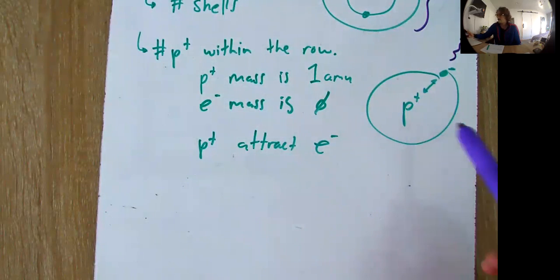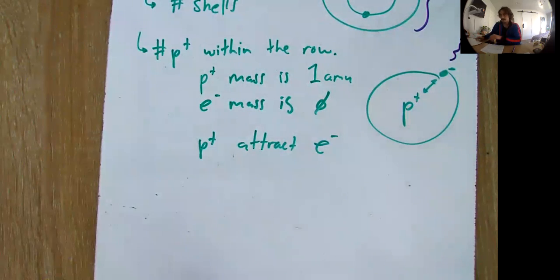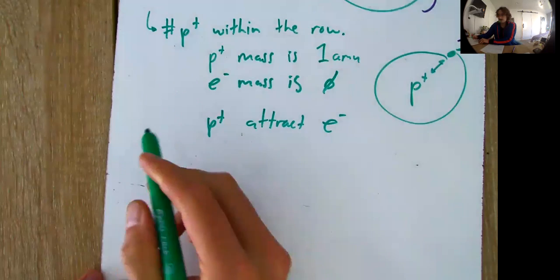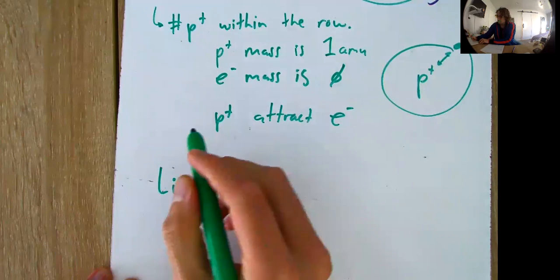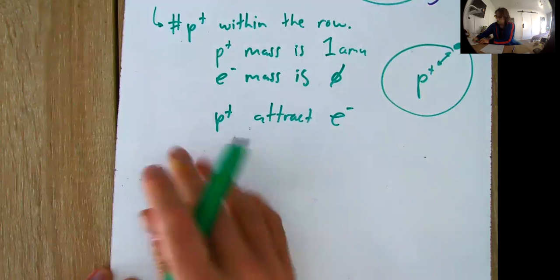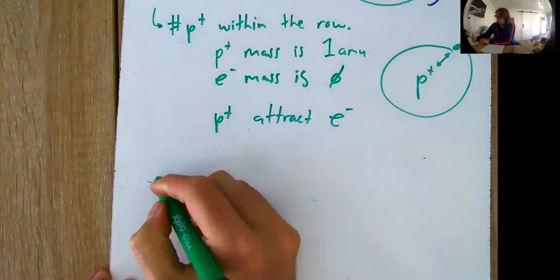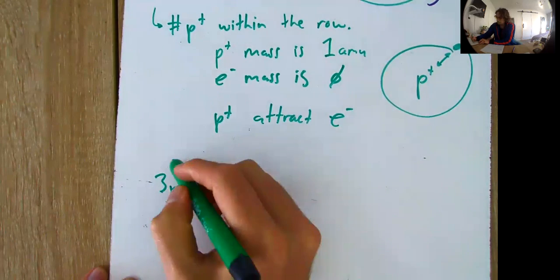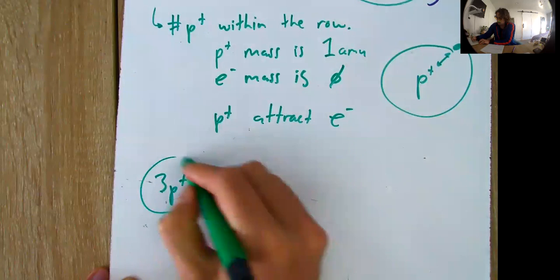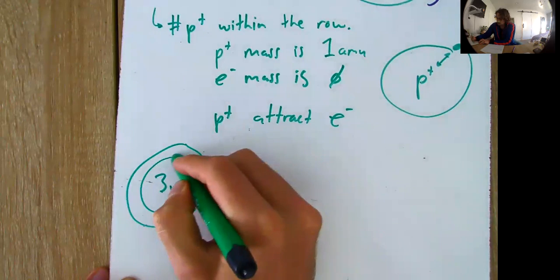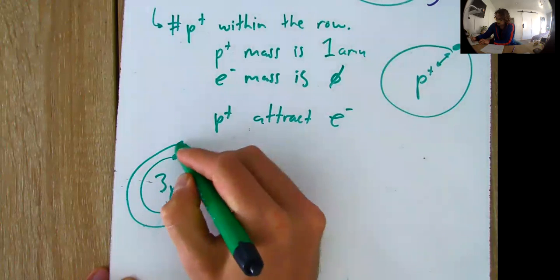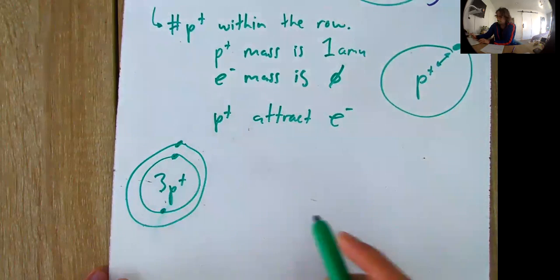We'll give an example like this. Lithium, instead of drawing the whole atom, we'll just draw 3 protons for lithium in the center, and then it has the first shell and second shell. Lithium's protons are keeping those electrons pulled in tight.